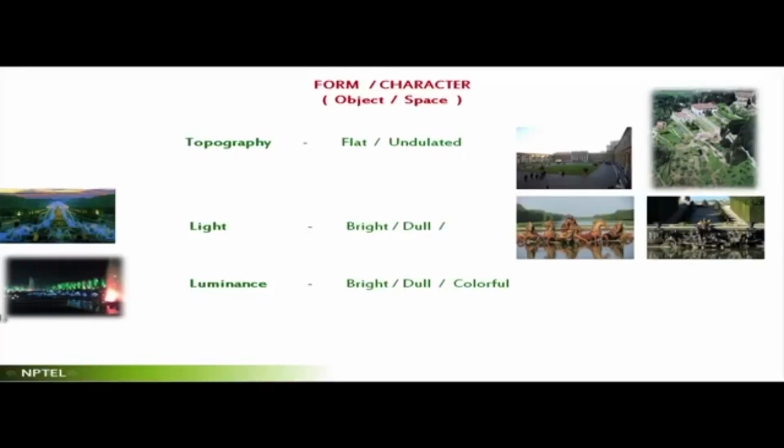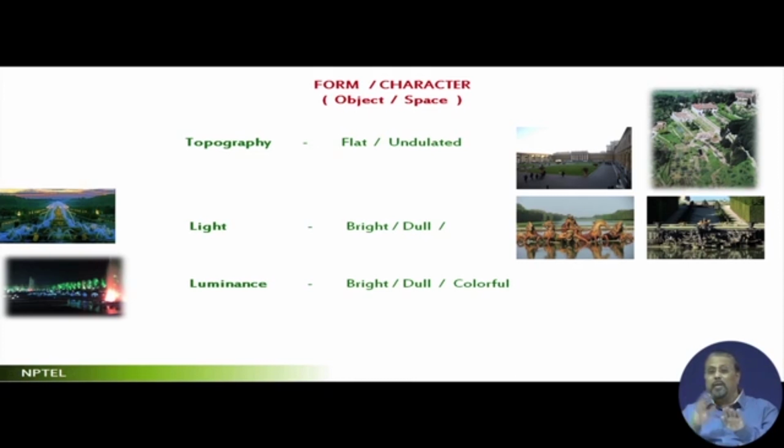At that point you find it very, very bright, and on a cloudy day you say it is dull. And when you look at those pictures that I've just shown, it is basically the luminance that is reflecting towards you. It's not the object that is being lighted. It is the luminance that is reflecting in your eye.